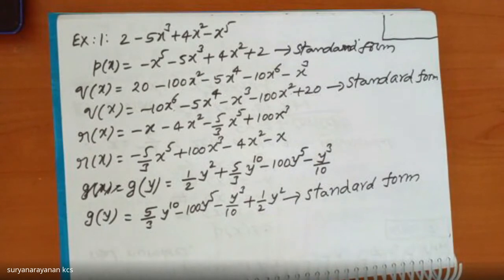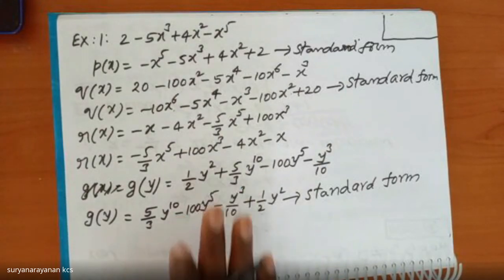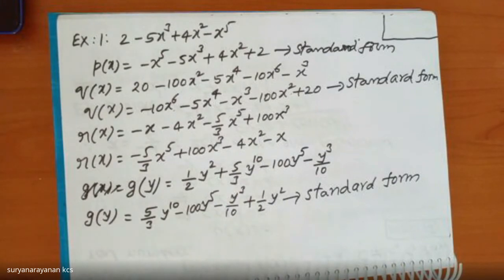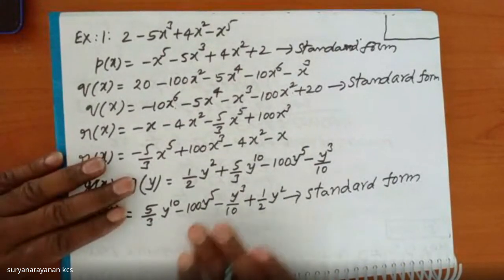This is the first and foremost thing. When you are adding or subtracting, multiplying or dividing, whatever operation you are performing on the polynomials, first you arrange them in the standard form. So this is the first thing you should remember.